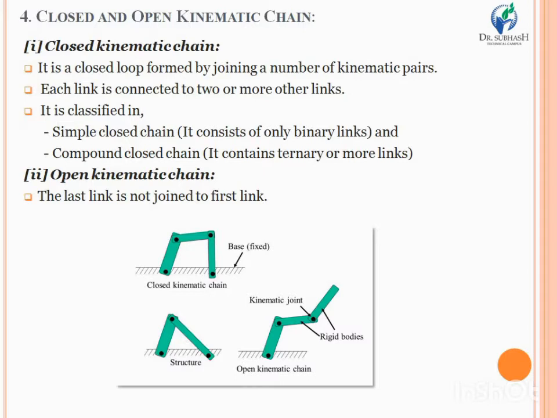Now, after much discussion on kinematic chain and pair, it's time to discuss closed and open kinematic chains. Look at the figure. Consider a kinematic pair which has two links, link 1 and 2, and one more pair consisting of links 3 and 4, and one pair that contains links 5 and 6.